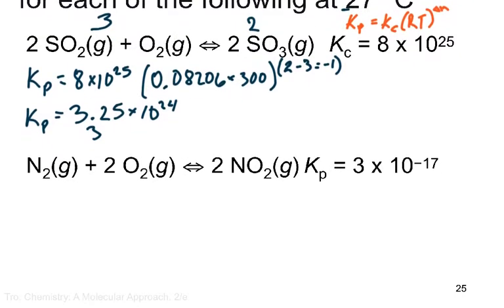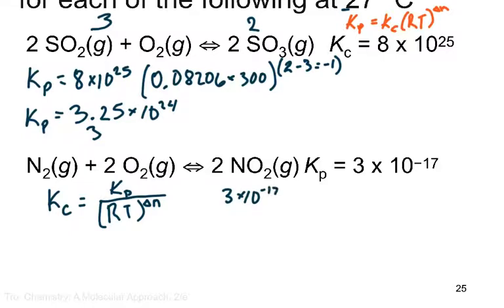For our other reaction here, we're given a Kp value. And if we rearrange our equation, we can see that our Kc is going to be Kp divided by RT to the delta N. So our Kp here is 3 times 10 to the minus 17 divided by, again, 0.08206 times 300 because both reactions were at 27 degrees Celsius.